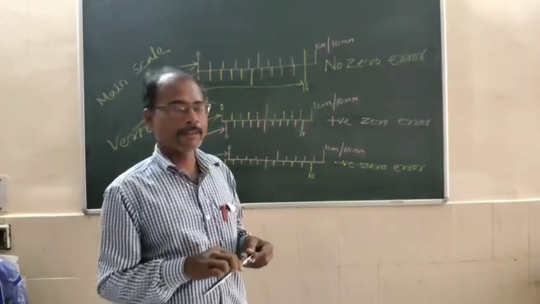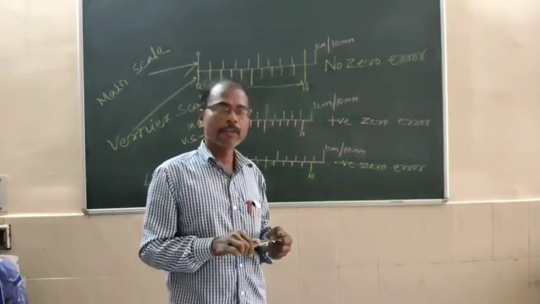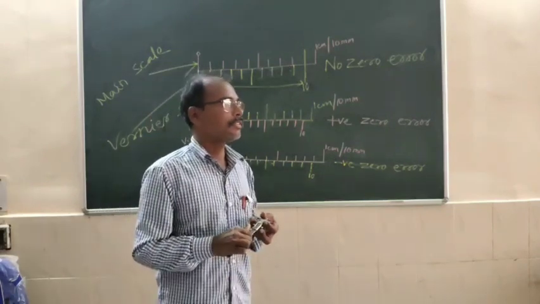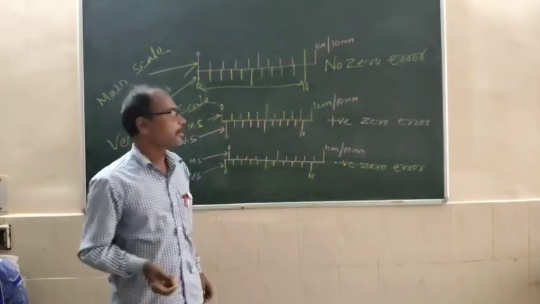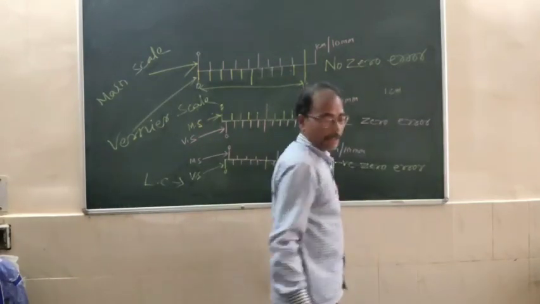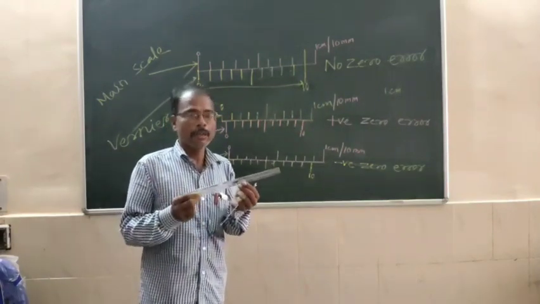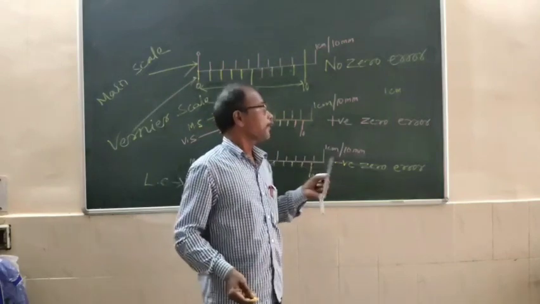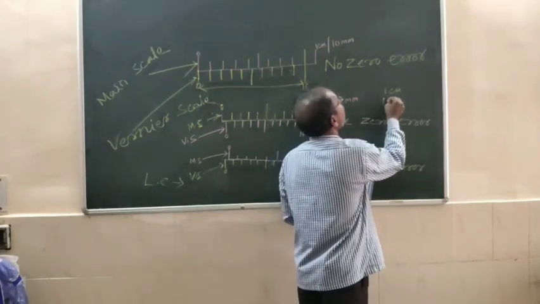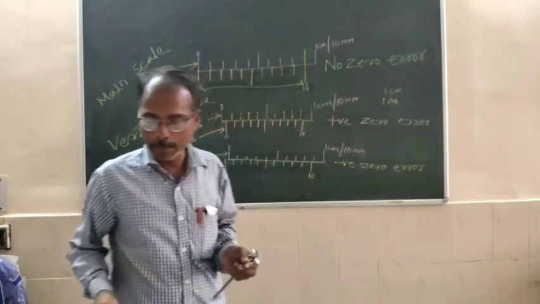Every measuring instrument has a least count. For example, a hand watch, its least count is 1 second. In a meter scale or scale, its least count is 1 mm.